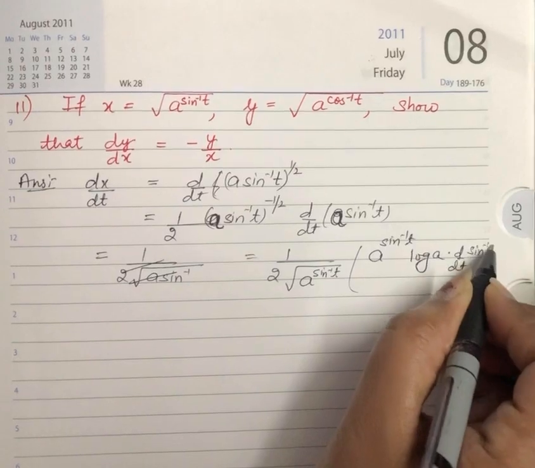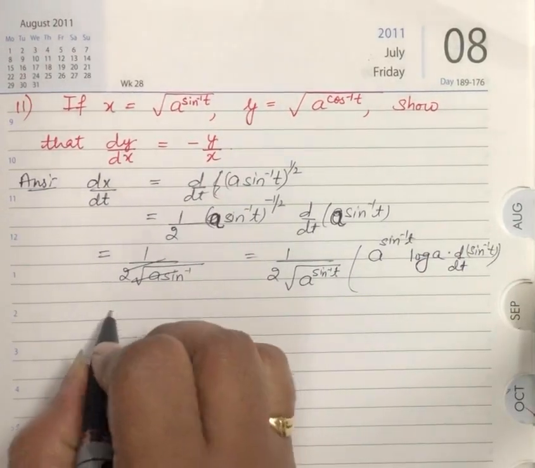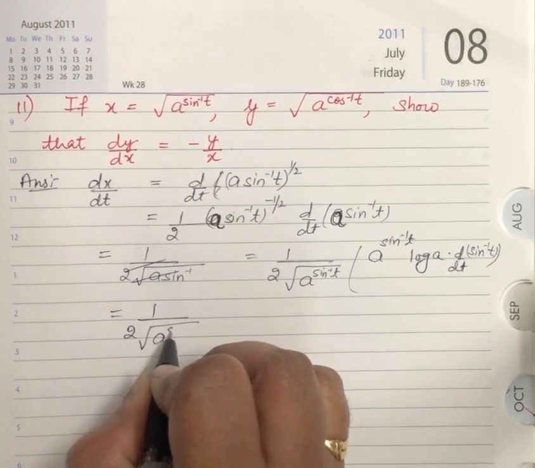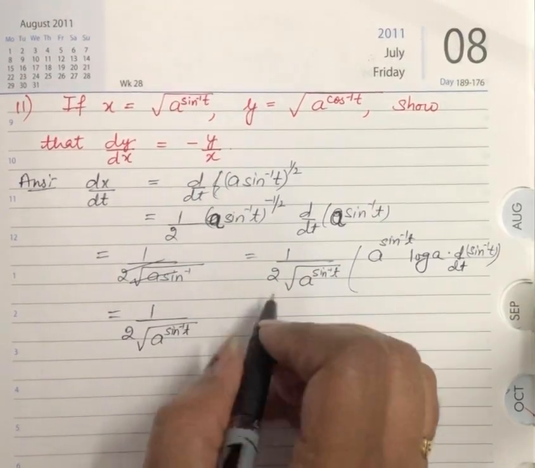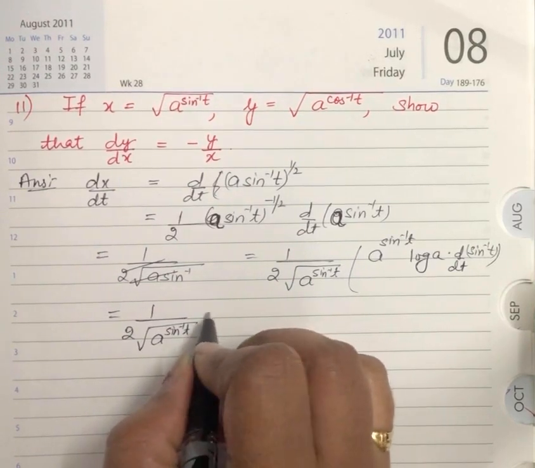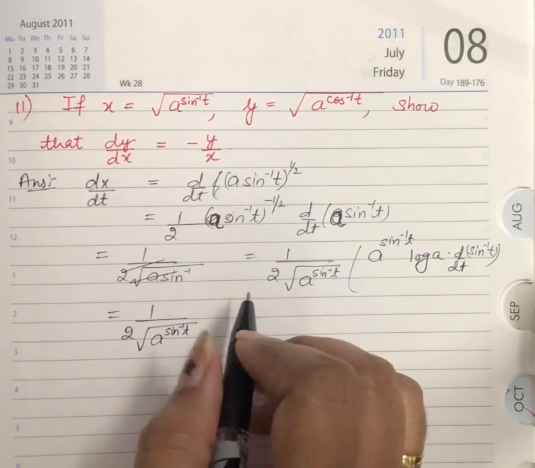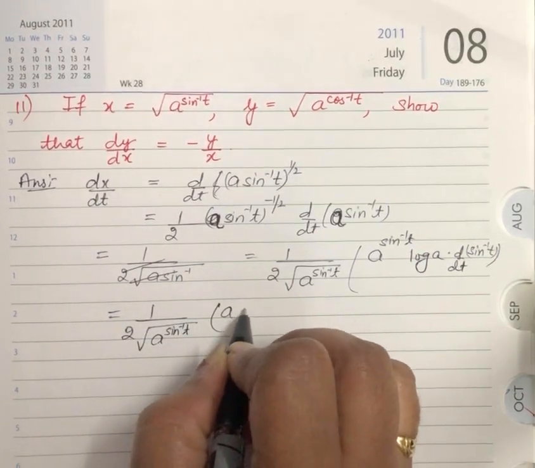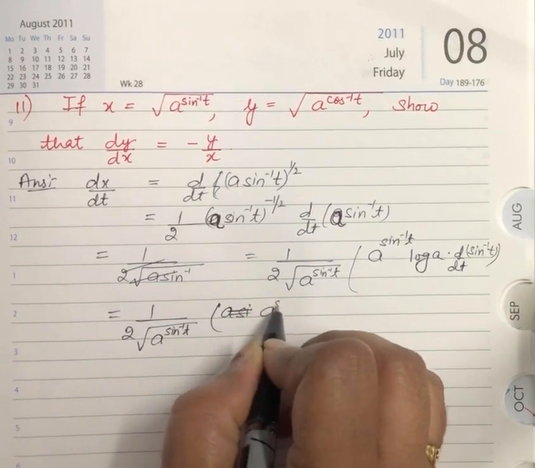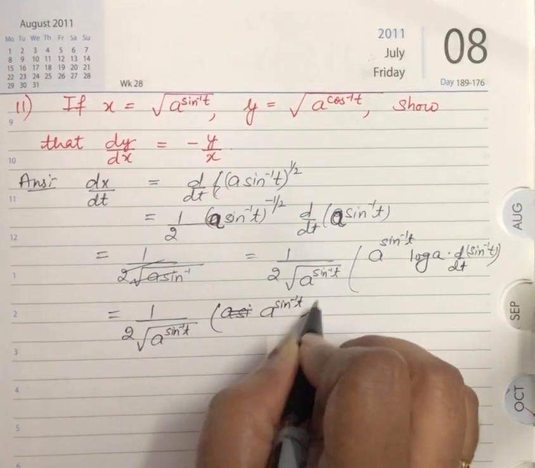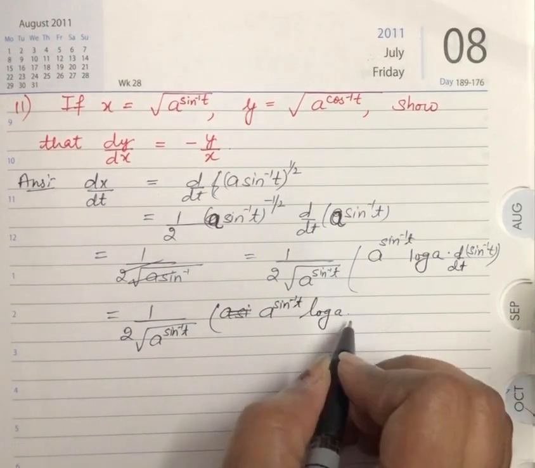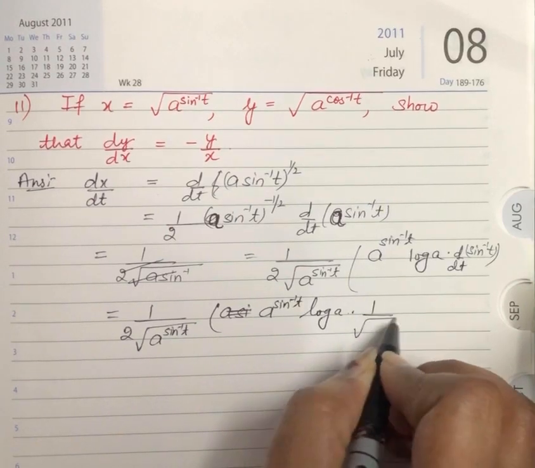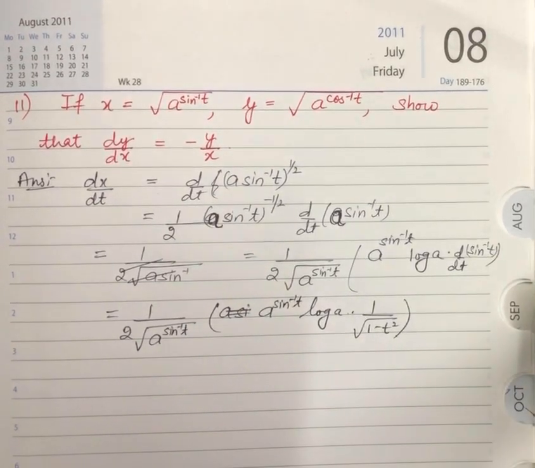So this can be written as 1 by 2 under root a to the power sin inverse t, and in the numerator we have a to the power sin inverse t log a into, now differentiation of sin inverse t will be 1 upon under root 1 minus t square.